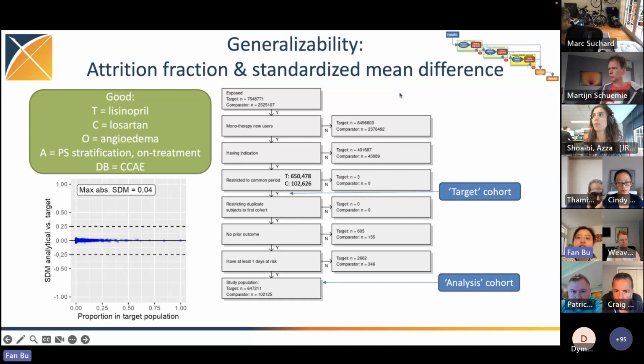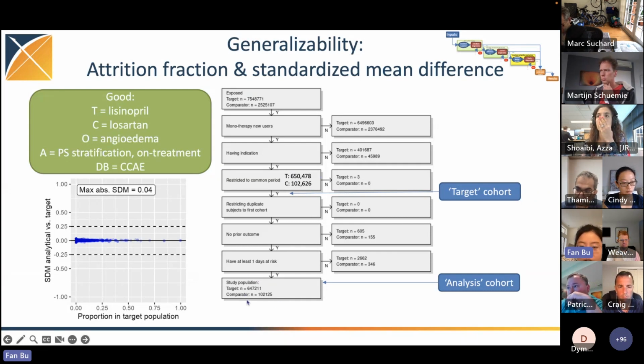So here, this is, again, one example from the LEGEND hypertension study. If we look at this attrition flow chart here, that's a flow chart that tells us all of the steps we go through in constructing the analysis cohorts. We notice that we have put down the counts of the target and comparator cohorts right here. And we compare those numbers with the final numbers of the cohort counts for target and comparator cohorts.